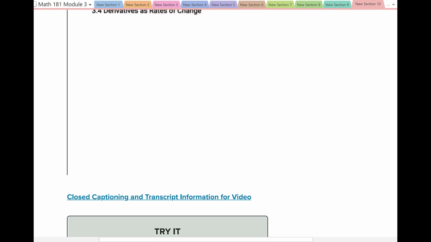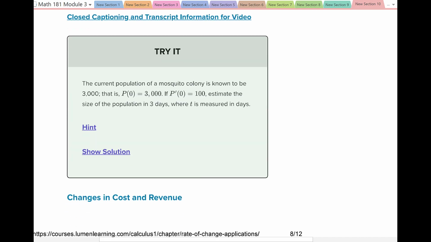Now for the next one. Same type of problem. The current population of a mosquito colony is known to be 3,000. So our P of 0, they tell us, is 3,000. And if P prime of 0 is 100, estimate the size of the population in 3 days.